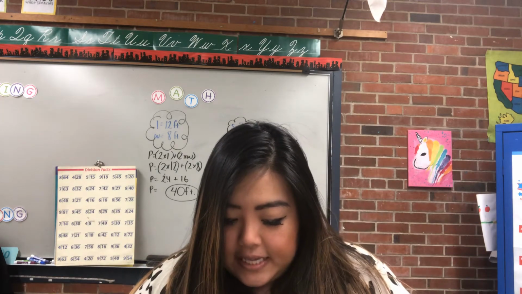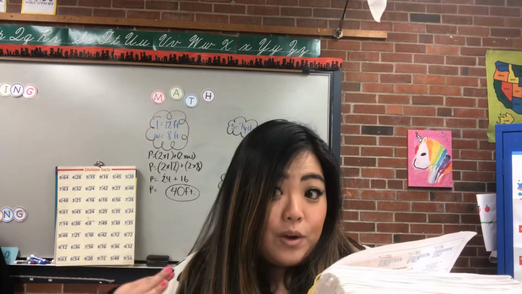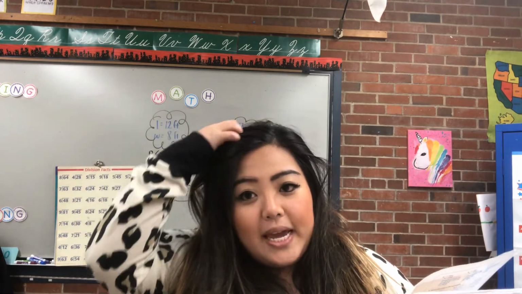Okay, now section 1. Find the perimeter of these squares by using addition. Now, squares have 4 sides. So, for A, write it down. What's 3 plus 3 plus 3 plus 3? It equals 12 what? 12 yards. Good, put that down. Now B, we're finding the perimeter of this square, and the side is 9 inches.